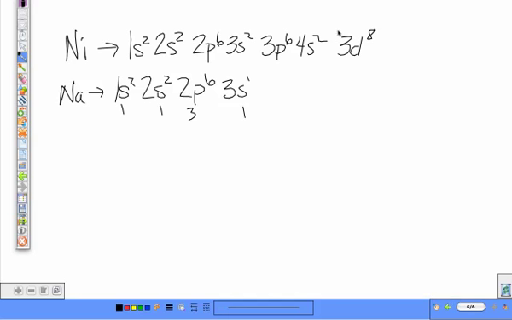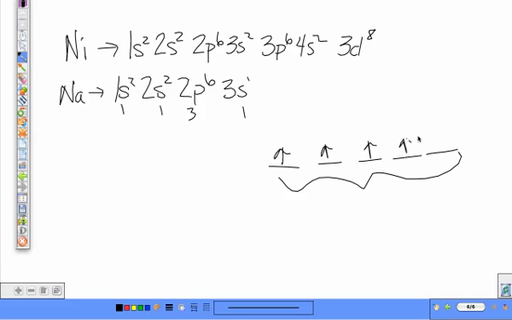How about this one? Would this one be completely full? There'd be 2 then. It's not completely full, so we'd have 1, 2, 3, 4, 5, 6, 7, 8.